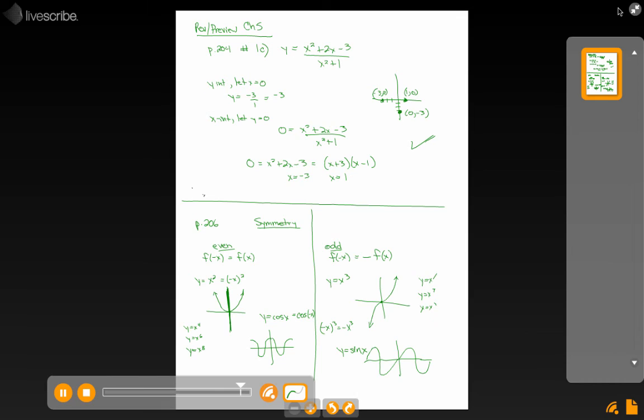And so if you put in negative 30 degrees, for example, you get the negative answer of sine of 30 degrees. So even-odd symmetry is something worth checking out. If you don't understand it or have trouble with it, try some exercises on page 206 and ask some questions if you have.